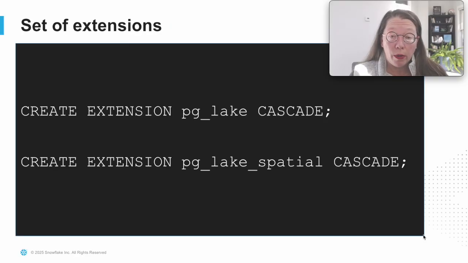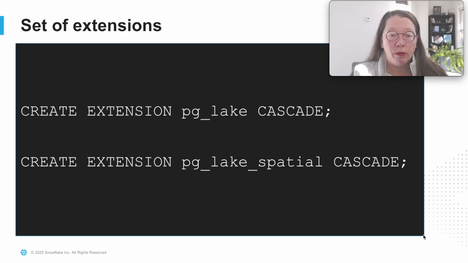So to get going with PG Lake, you'll have to build the project inside your Postgres. I saw somebody just a couple days ago added some Docker files, so if you want to build PG Lake and you're a Docker user, I think it's probably a lot easier to get going with that Docker file.